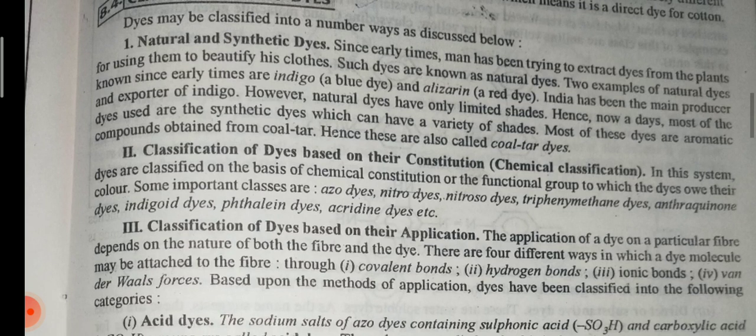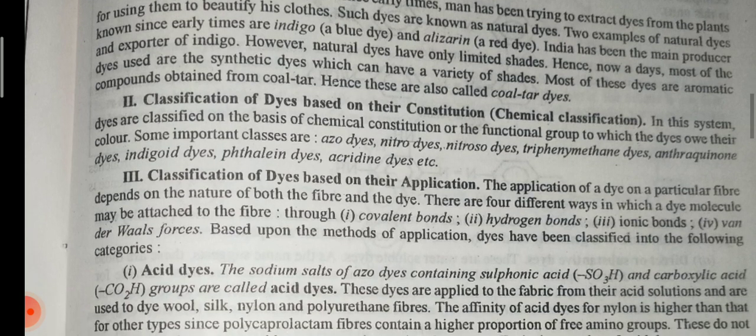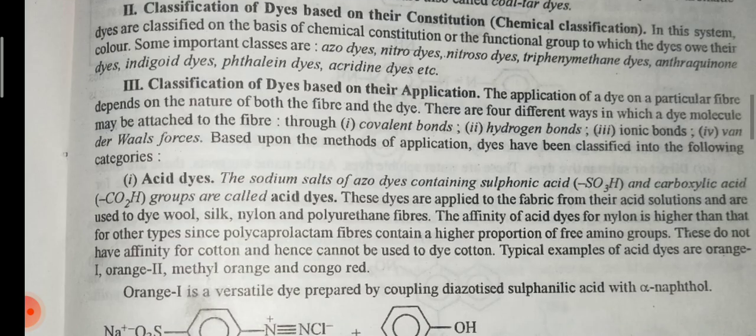Classification of dyes based on their constitution, chemical classification. In this system, the dyes are classified on the basis of chemical constitution or functional group to which the dyes owe their color. Some important classes are azo dyes, nitro dyes, nitroso dyes, triphenylmethane dyes, anthraquinone dyes, indigoid dyes, phthalein dyes, acridine dyes, etc. Classification of dyes based on their applications.